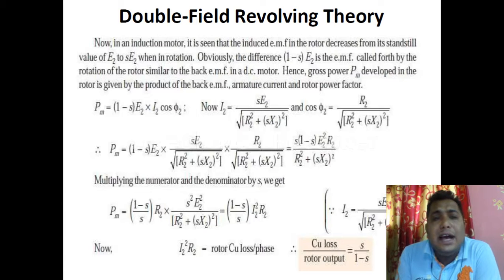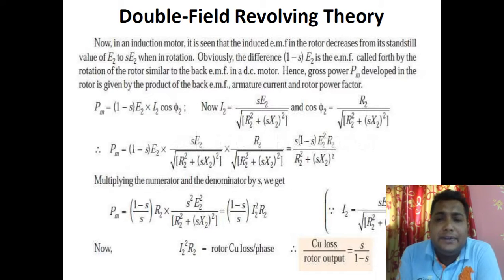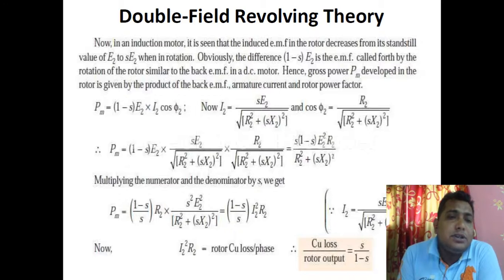Now in an induction motor it is seen that the induced EMF in the rotor decreases from its standstill value of E2 when in rotation. Obviously the difference, 1 minus s into E2, is the EMF caused by the rotation of the rotor, similar to the back EMF in a DC motor.